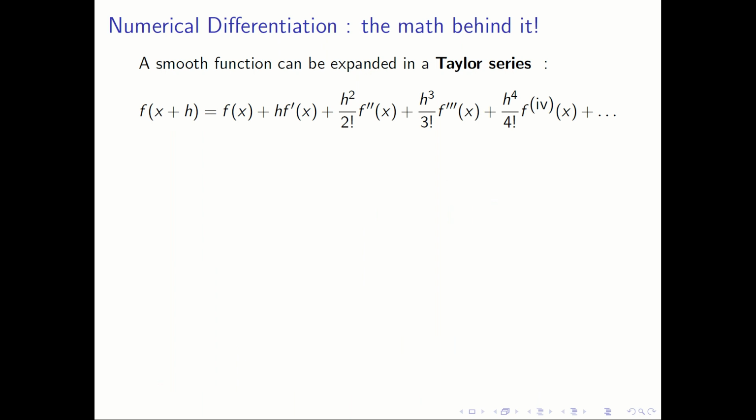The theory here essentially boils down to the theory of Taylor series. Notice that f of x plus h, the quantity that we used in the forward difference and the central difference formula, is given by f of x plus h f prime x, and I have written down a few more terms in the Taylor series. The second derivative term with h square by 2 factorial, the third derivative times h cube by 3 factorial, and so on. So of course, if I just truncate the series here, I am incurring an error of the order h square.